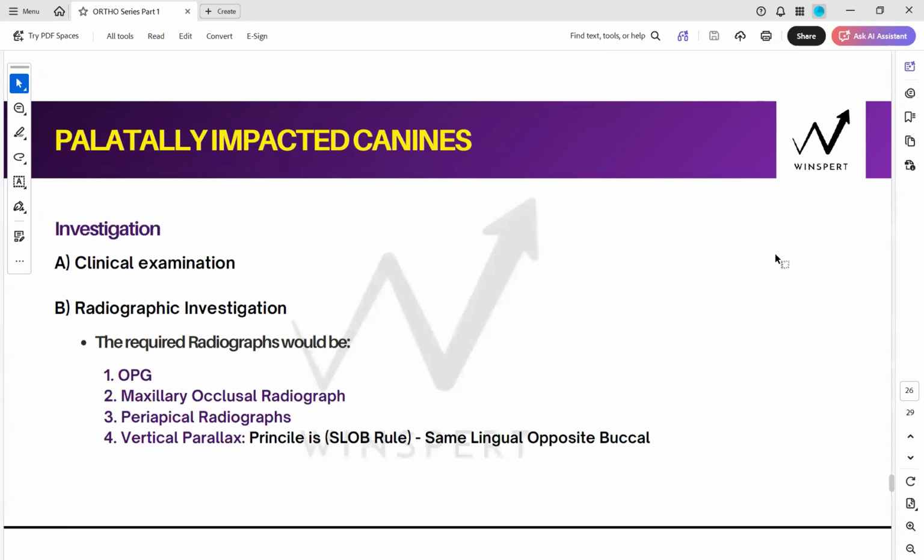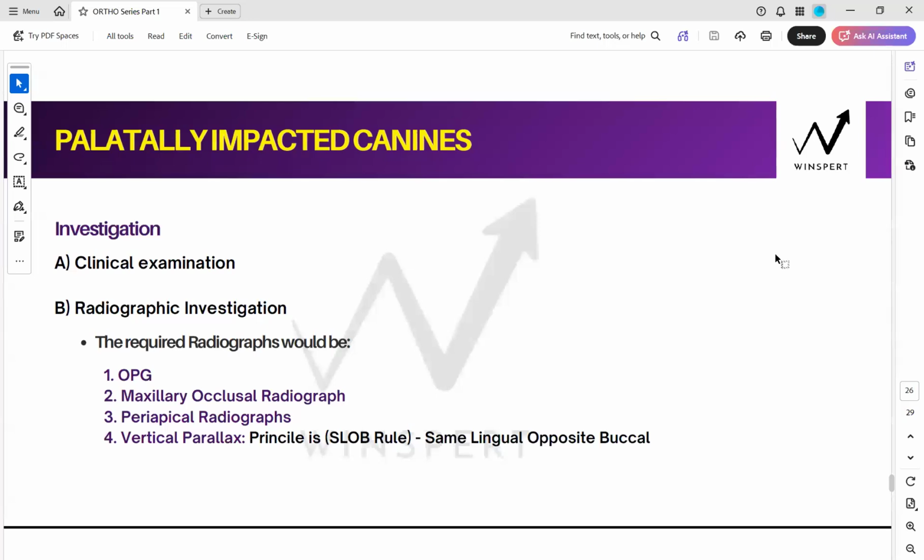Because if you take only occlusal, it can tell you the buccal and the lingual position, but it will not tell you the position of the roots. It will not tell you the status of the root length. It will not tell you the adjacent incisors root status. Agreed? Occlusal view will give only information about buccal or palatal position.